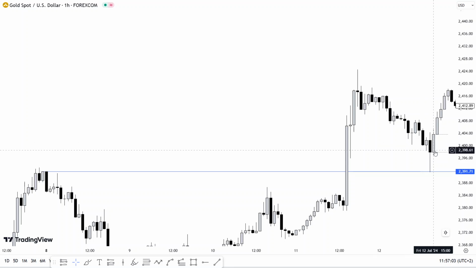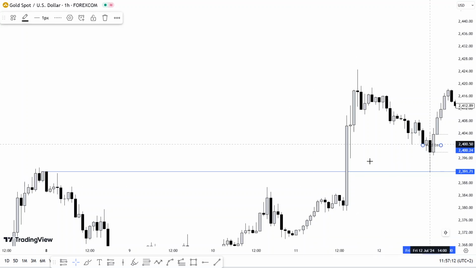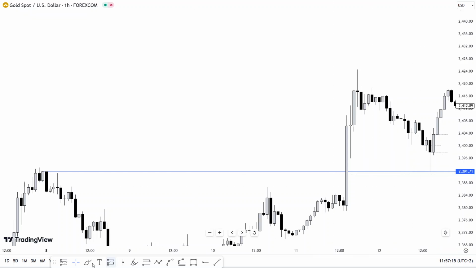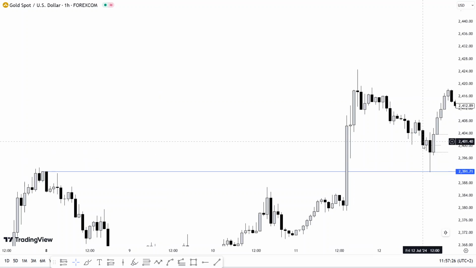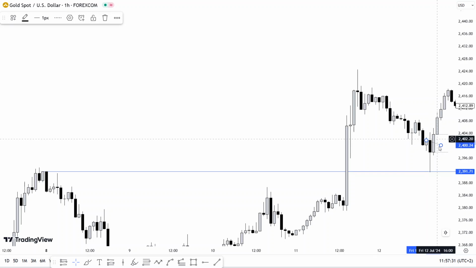We broke it, it became a resistance. We broke it, it became a support again, right? But for me personally, I hardly ever use this level, because to me, it's just a QM pattern. It's just a left shoulder like that. I'm not saying that you'd be wrong if you use it, but I hardly ever use it. So the one which I end up using would be this one, because of the way that price would have traded away from the area of support. The one that I'd be focusing on is this one right here.